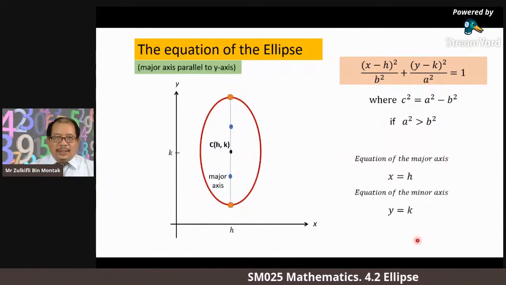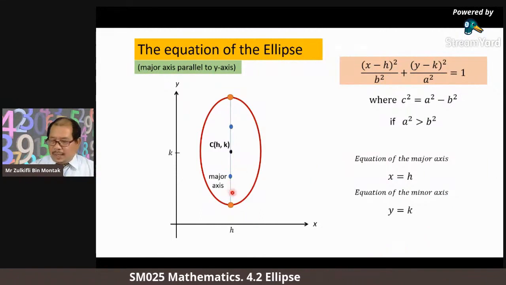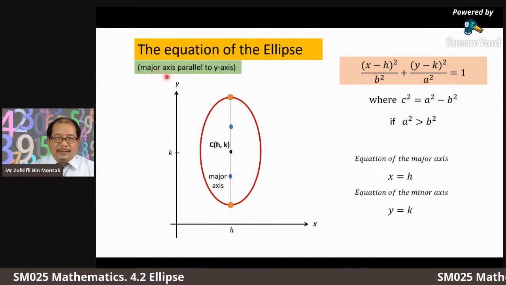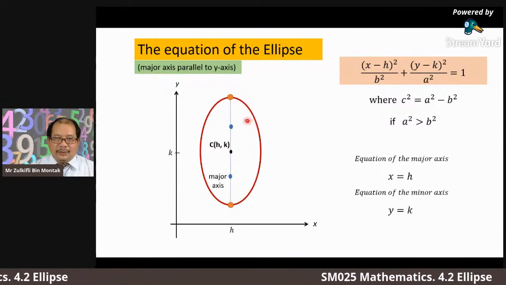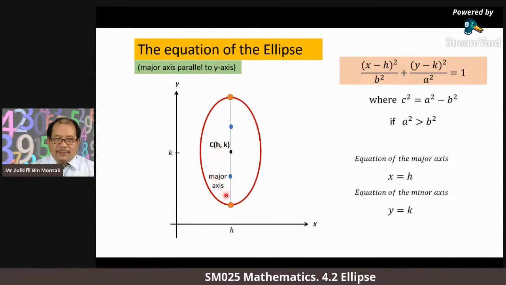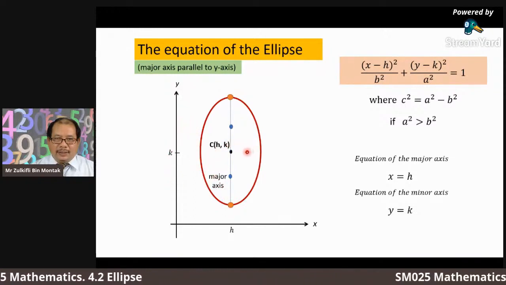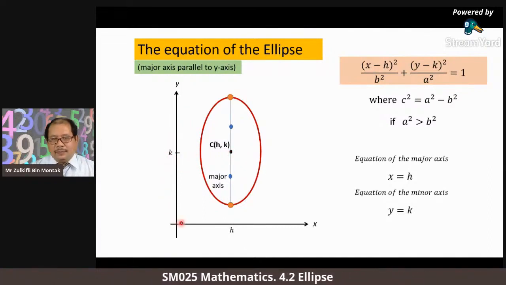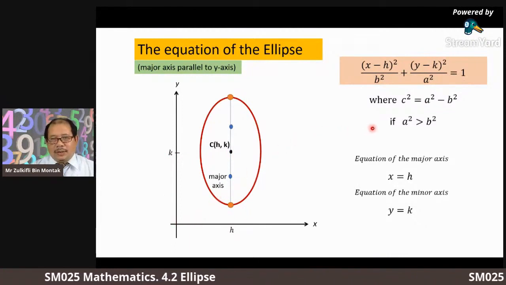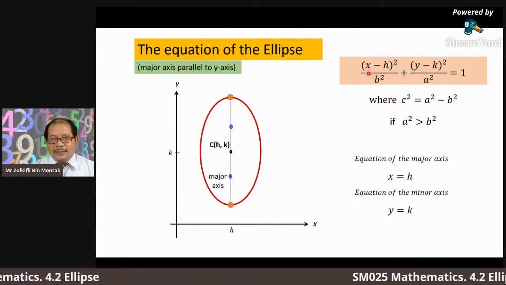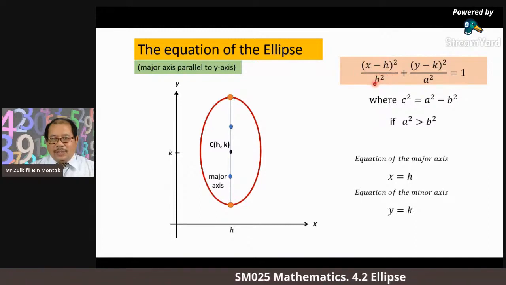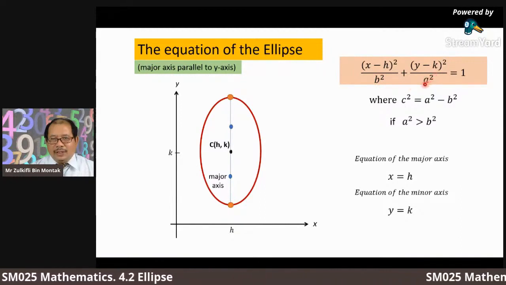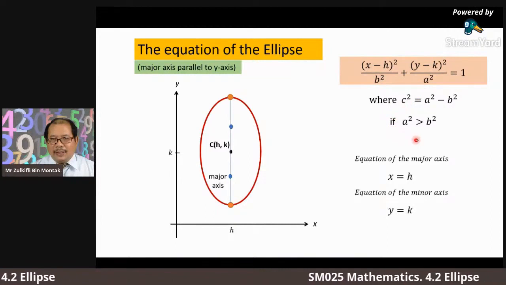Now we go to the other type of ellipse, when the major axis is parallel to the y-axis. This is the major axis, and this is the y-axis. So the major axis is parallel to the y-axis. Now we write (x minus h) square over b square plus (y minus k) square over a square, with a square greater than b square.